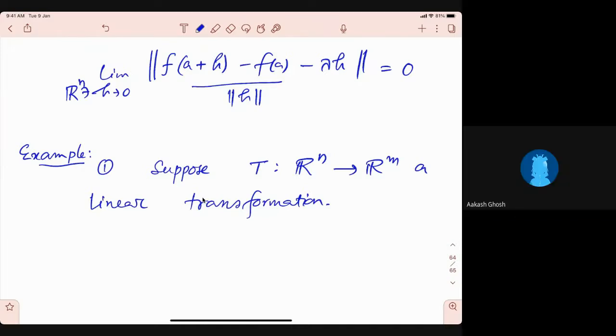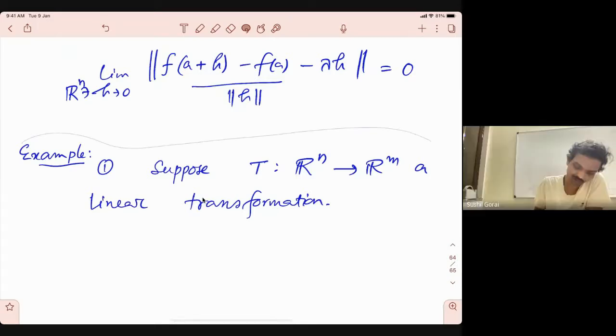I think yes. What will be its derivative?